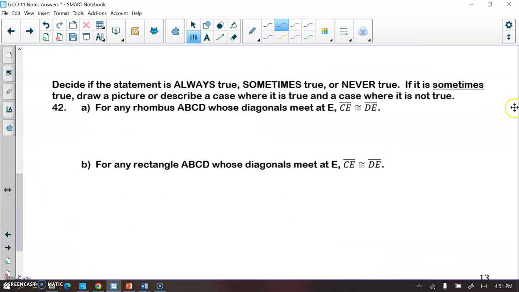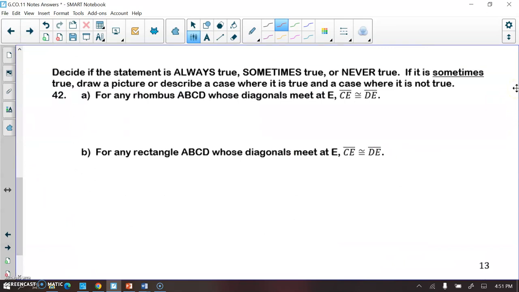All right, we're going to draw a picture to represent what's being stated. So for rhombus ABCD, to show that this is a rhombus, I'm going to mark that all four sides are congruent, and whose diagonals meet at E. So let's draw our diagonals in. CE is congruent to DE.